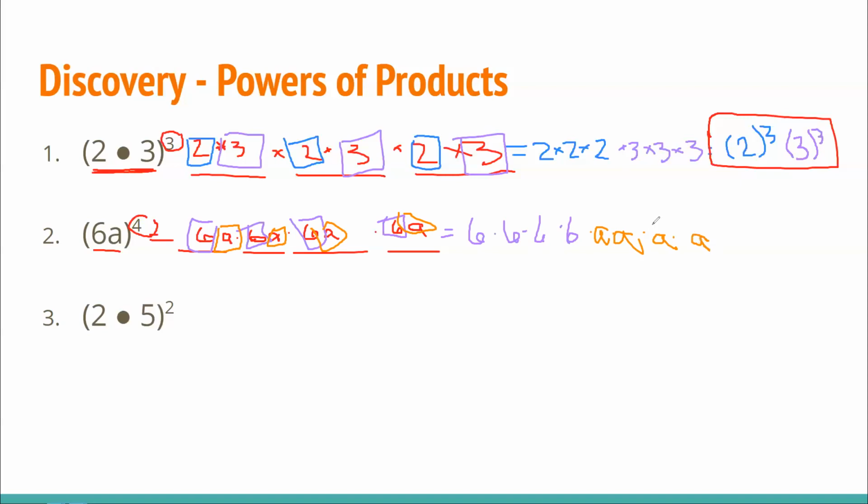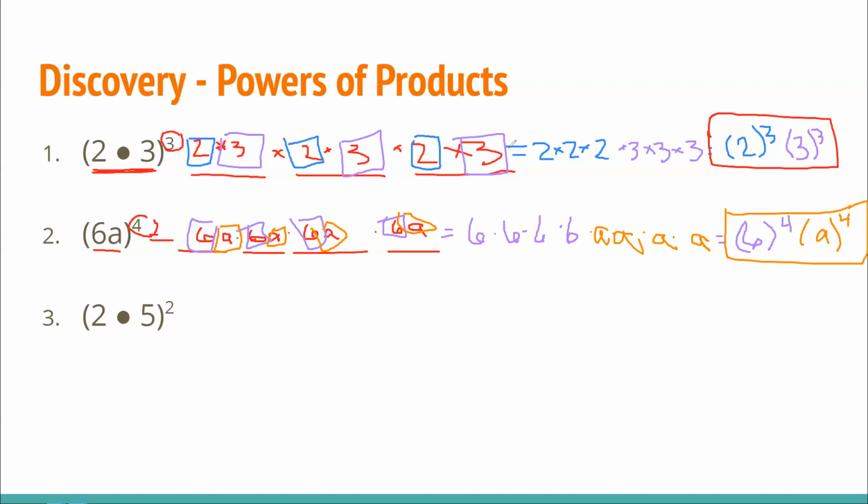Sorry, this is rough. And then I'm going to simplify it. So I know my base is 6 to start off with, and then I know I have 4 6's, so I'm going to do it to the 4th. And then my last one, I have the base of a, and then there's 4 a's. And that's going to be my final answer.